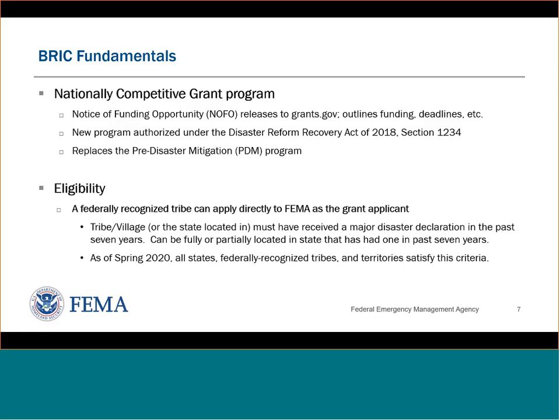But something important to note is that as of spring 2020, with the coronavirus pandemic, all federally recognized tribes in our states meet this definition because all of the states did receive a COVID declaration, and therefore all of the federally recognized tribes that fall within these states meet that definition as well.